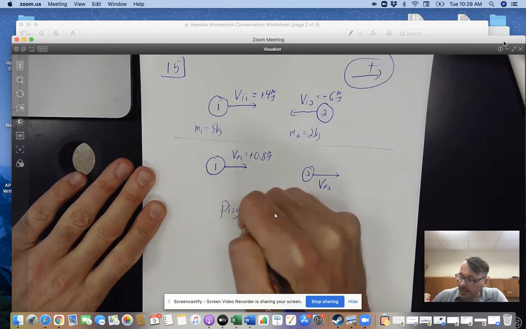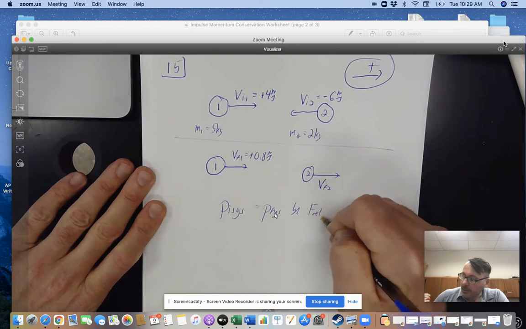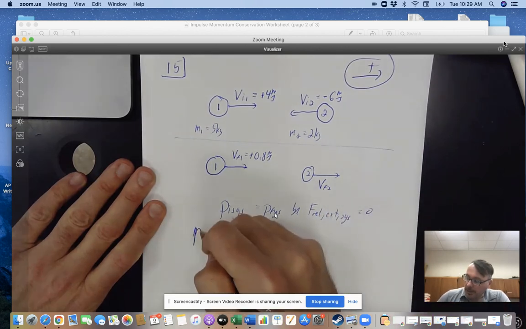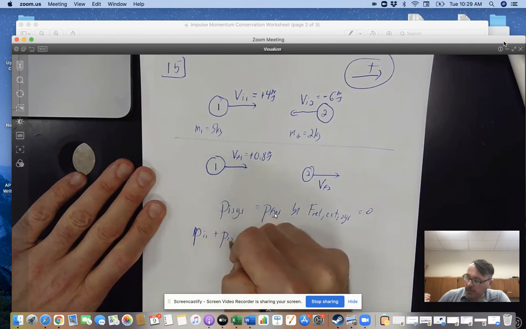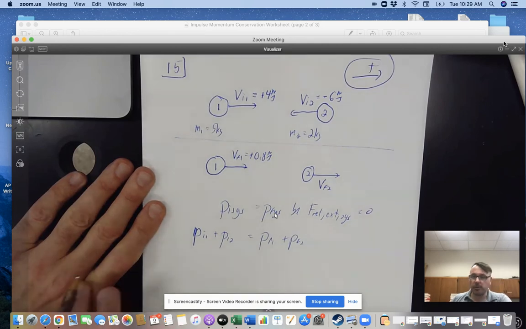So PI system is equal to PF system because the net external force on the system is equal to 0. So I'm just going to do PI1 plus PI2 is equal to PF1 plus PF2. I know I have 2 things before, 2 things after.